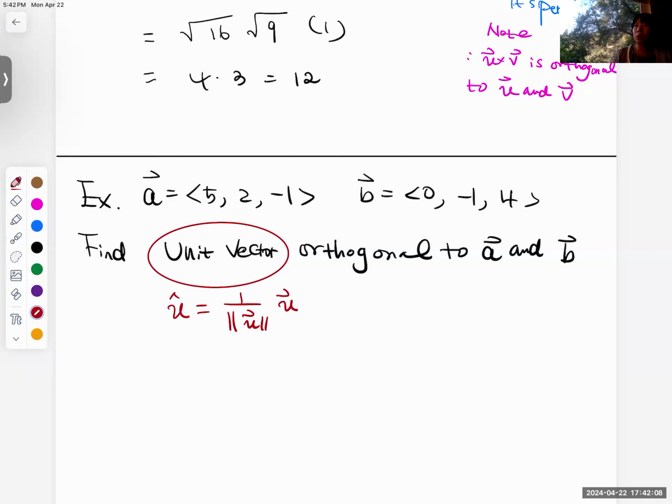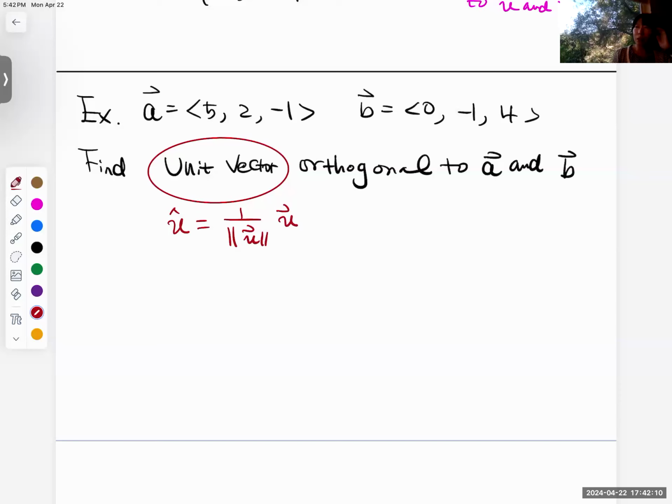All right. Now, we knew what orthogonal is, right? So orthogonal to A and B. Then we just learned that, no, we don't need the magnitude. The cross product of A and B is orthogonal to A and B, right?